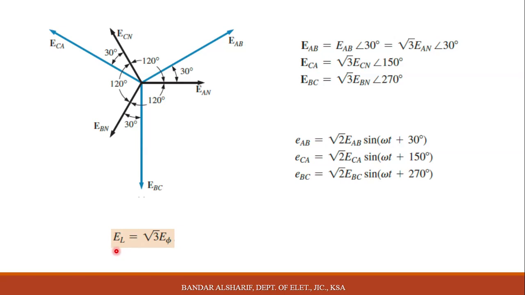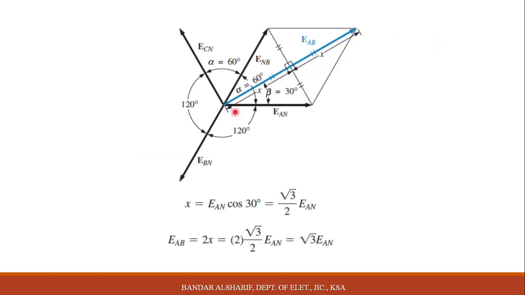Some students will ask how we got the relation between the phase value and line value. We will see it from the vector connection, in the next slide. See here, it is the same as before, but without all the line values.